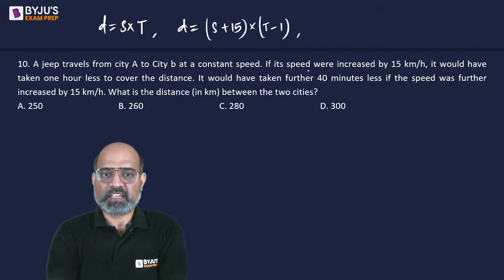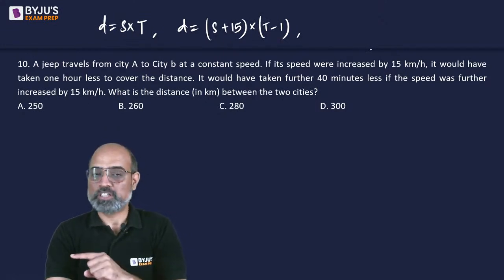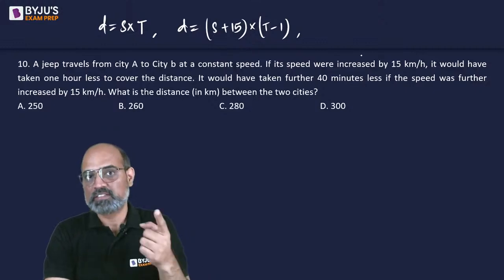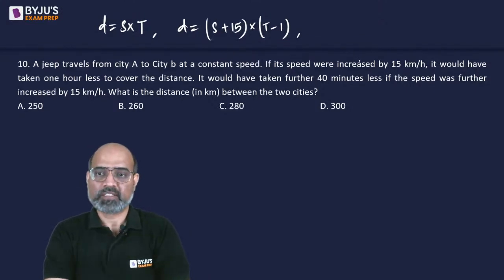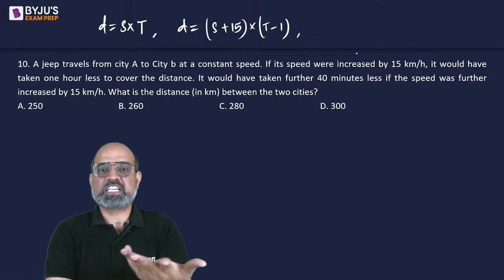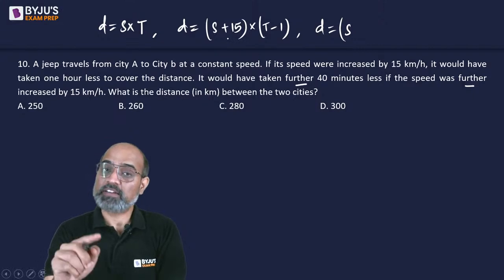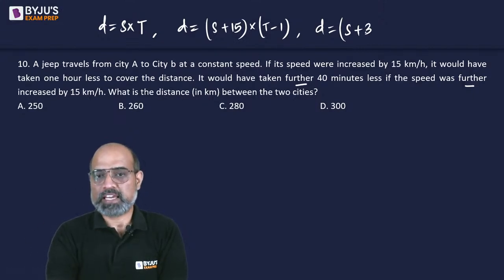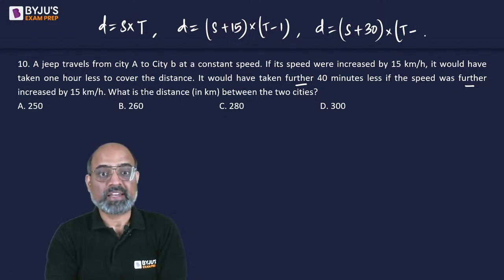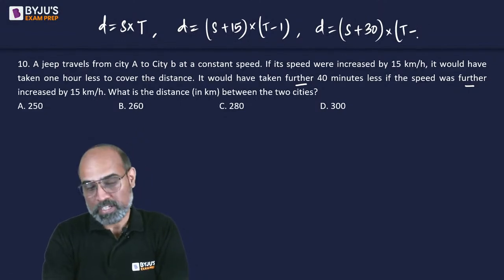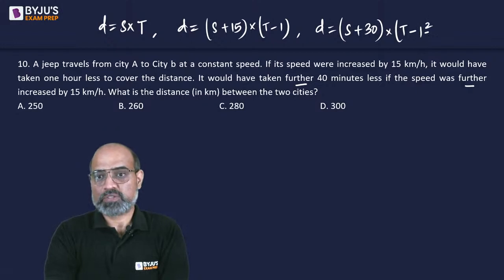If it would have taken further 40 minutes less, so it was already 1 hour less, 40 minutes further less. If its speed was further increased by 15 km per hour, so further है, ठीक है, ध्यान रखना, यानी previous वाले से 15 और. So now this becomes S plus 30 and this becomes T minus 1 minus 40 minutes, which is 2/3 of an hour. So this is minus 1, 2/3.